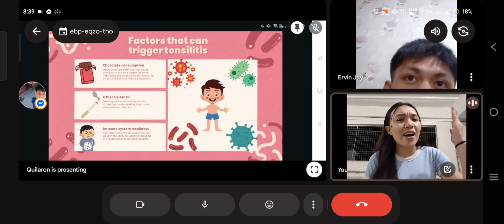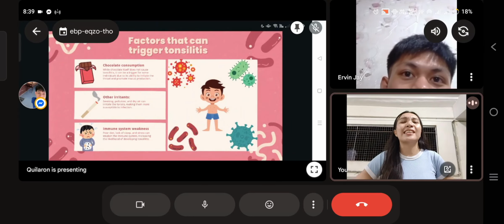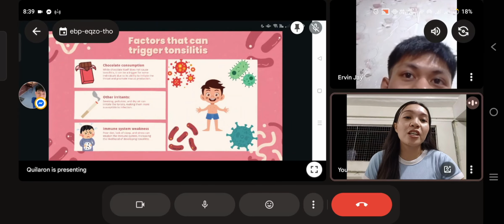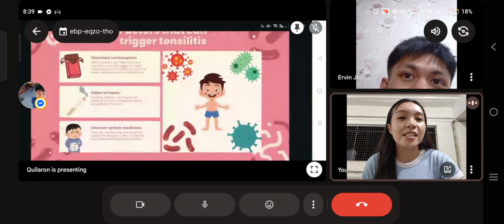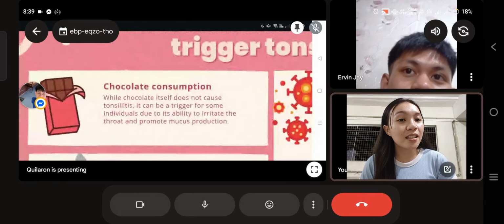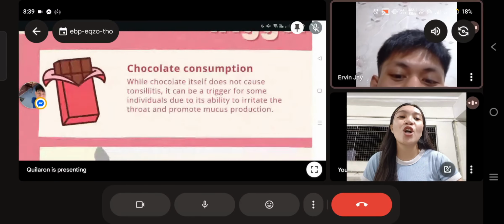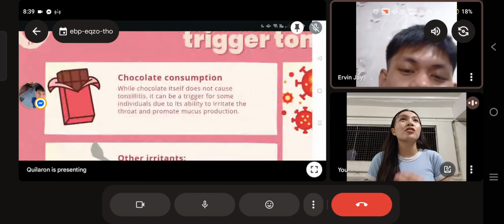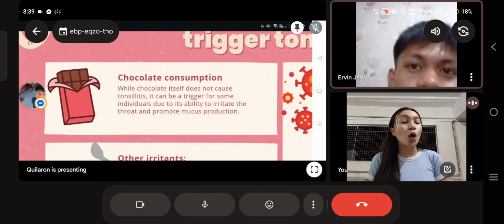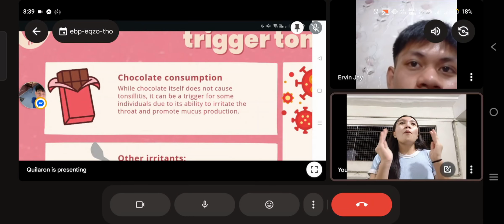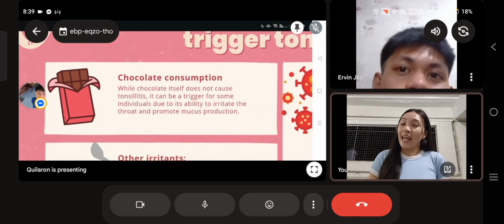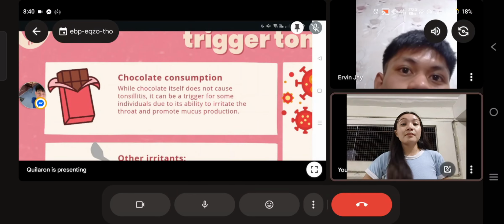Now let's proceed to the factors that can trigger tonsillitis. As we have mentioned earlier, of course, we have this. Do you know this? Chocolate consumption. Yes, chocolate. This is the first thing that can trigger tonsillitis. Why? Because chocolate can weaken our immune system.